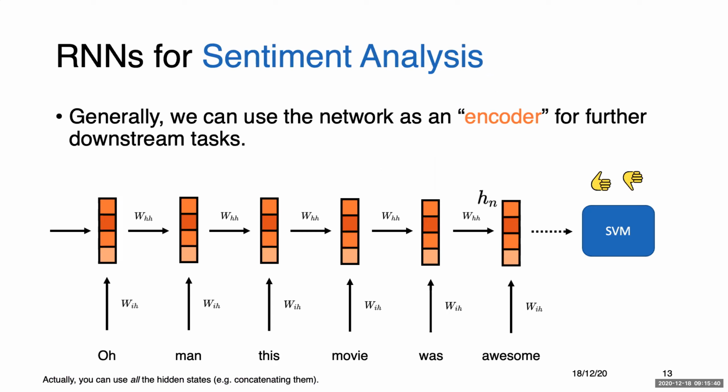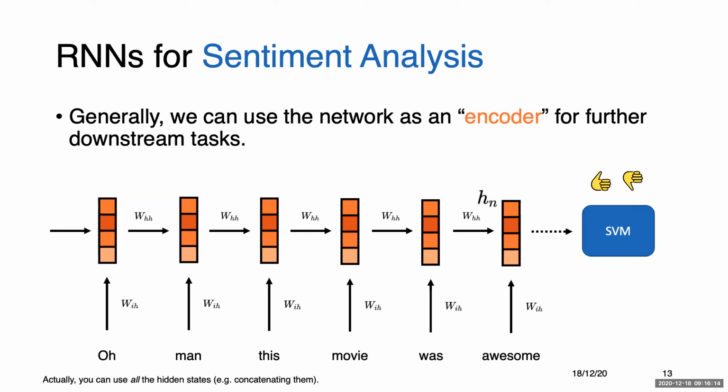And you can pass every word into the recurrent neural network and use the last hidden state of the recurrent neural network as the representation of the sentence. So over here we have HN, which is a floating point vector. So it's probably going to be a NumPy array, a 512-dimensional floating point vector.